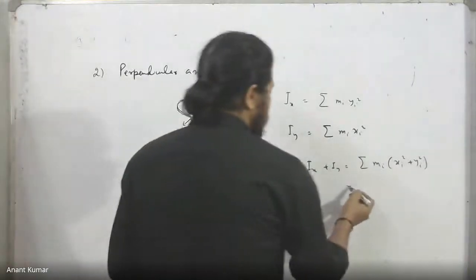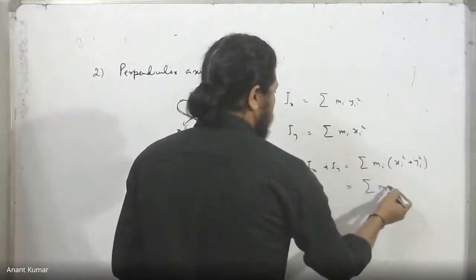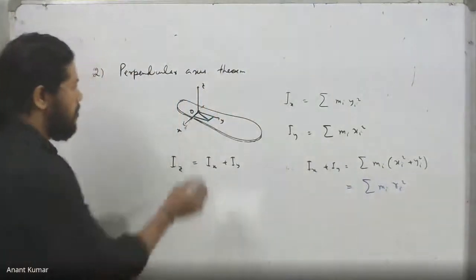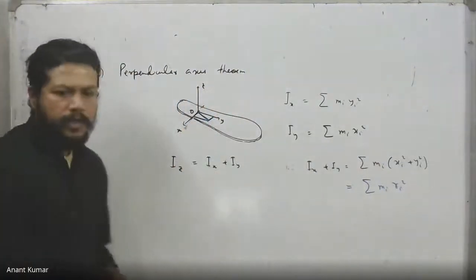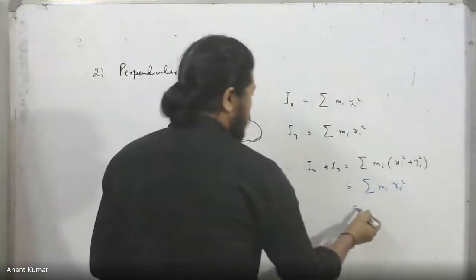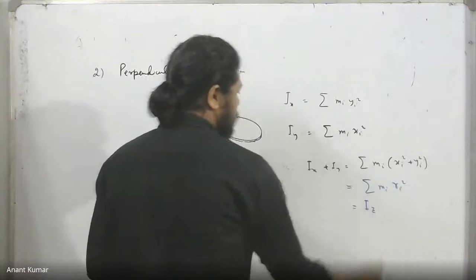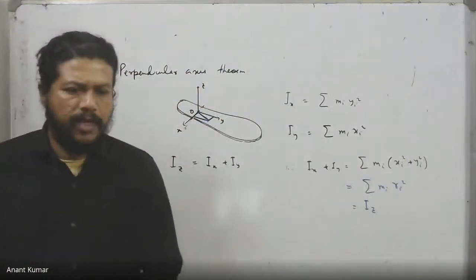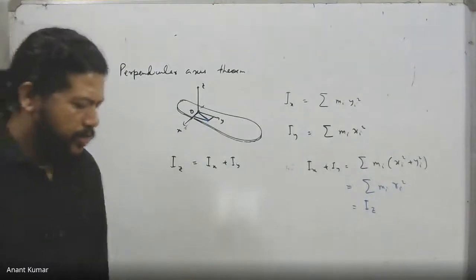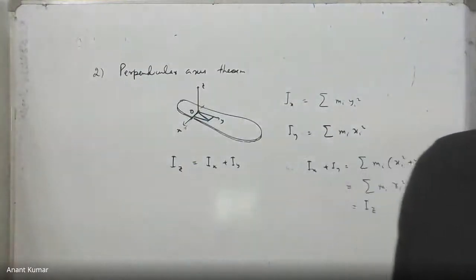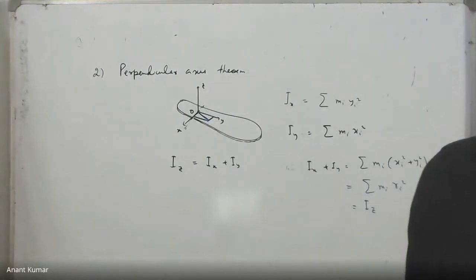This can be written down as the summation of m_i into r_i square, where r_i now is the distance from the z axis actually. For any point, r_i represents the distance from the z axis, and that is why we end up getting the moment of inertia about the z axis. This becomes the perpendicular axis theorem. It actually is applicable for planar, sheet-like objects. But nevertheless, a useful result. I can figure out in many cases the moments of inertia of objects by applying this result.